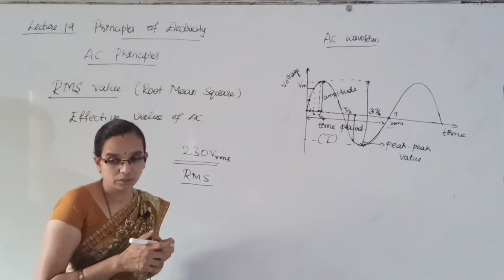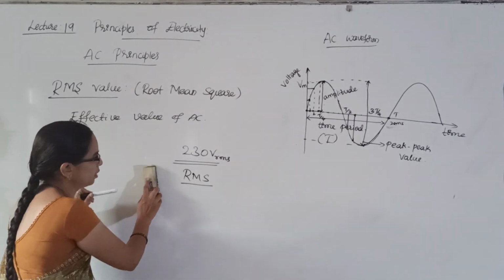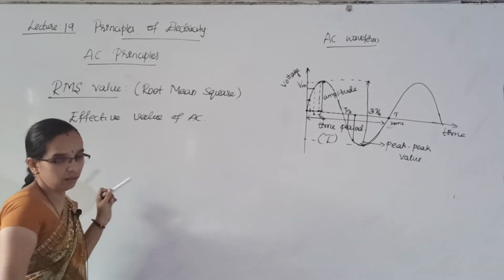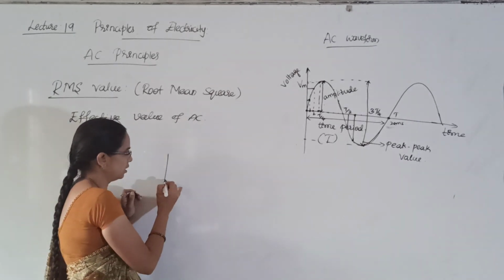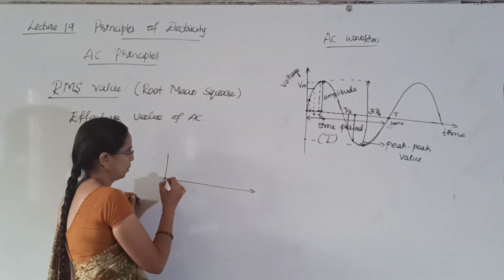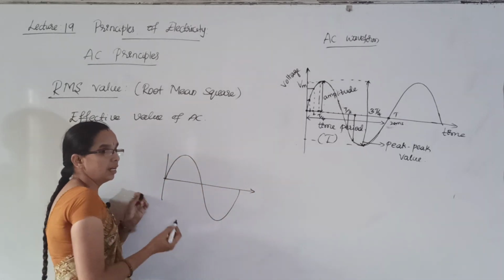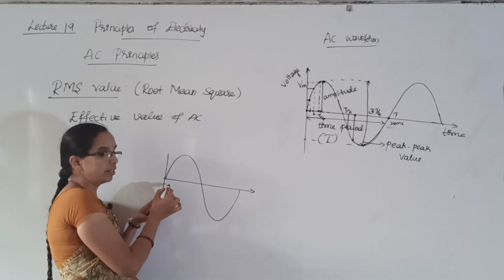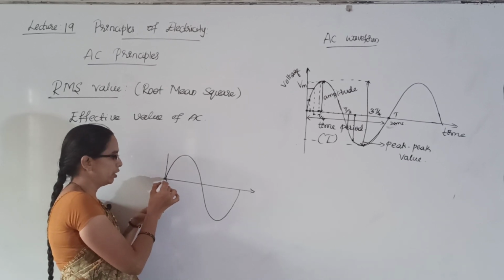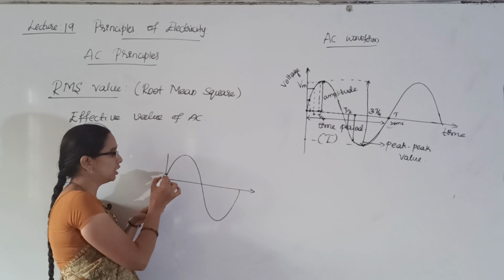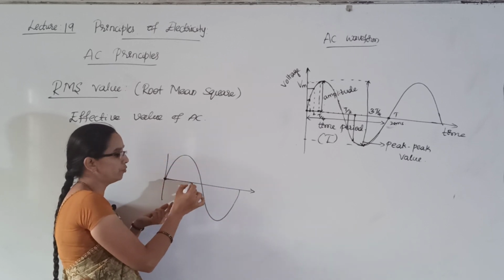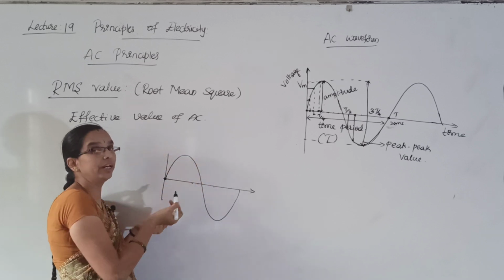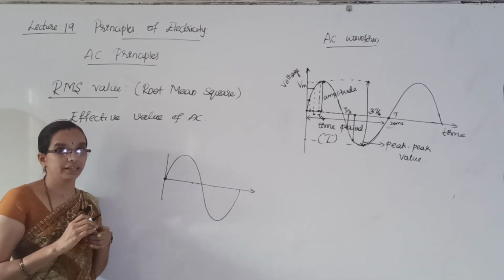And why do we consider the RMS value? In an AC signal, which is a sinusoidal waveform, the voltage or current is continuously varying. At any point of time you take, you will get a different value of voltage or current, right?